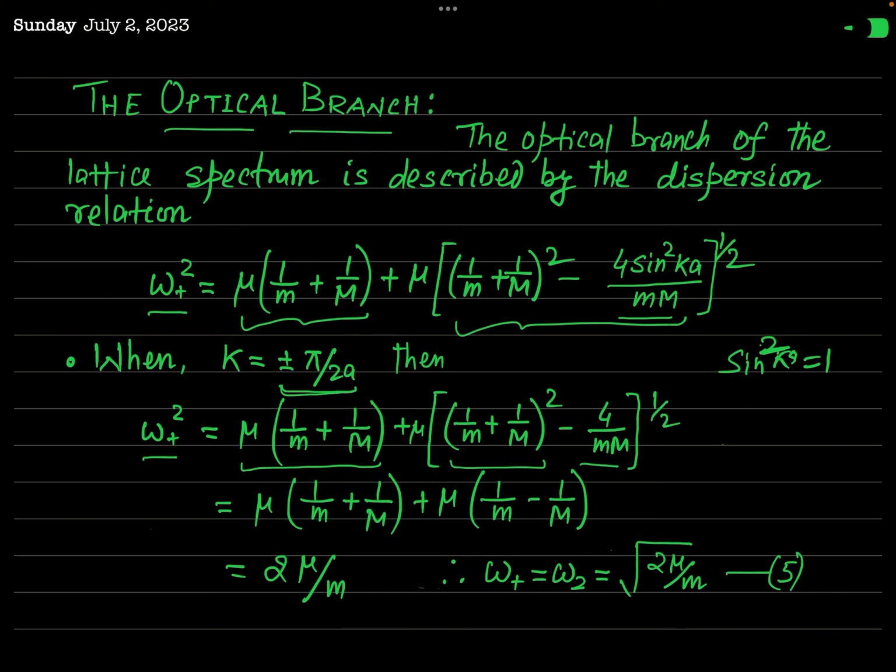And so this result will be mu times 1 over m plus mu times (1 over m minus 1 over capital M). Here the 1 over capital M term will cancel out and your result will be 2 mu over small m. And so this omega plus, which is denoted by the symbol omega 2 in the dispersion relation curve, will be equal to the square root of this much.